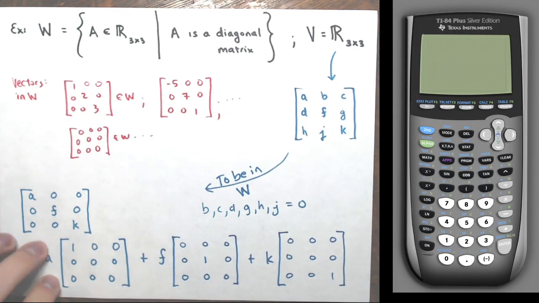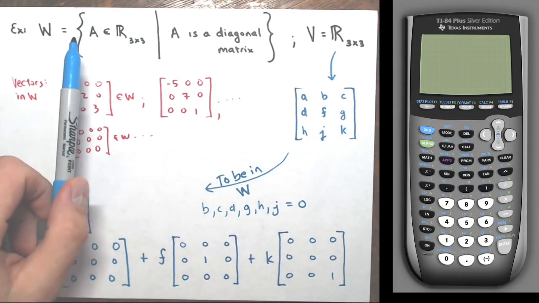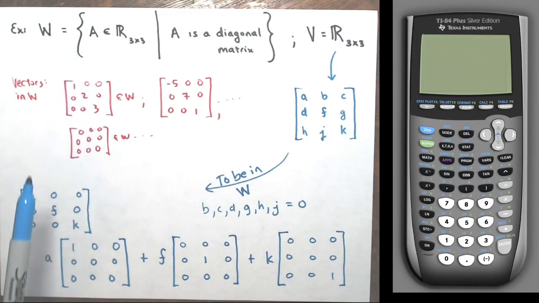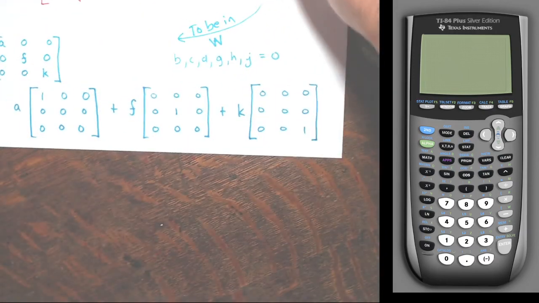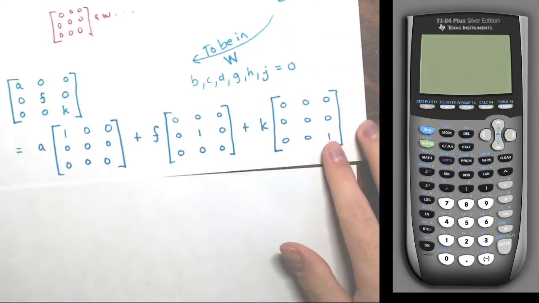All right, so every vector in W, every matrix that's in W, can be written as a linear combination of these 3 matrices. All right. So I'll write that set again.